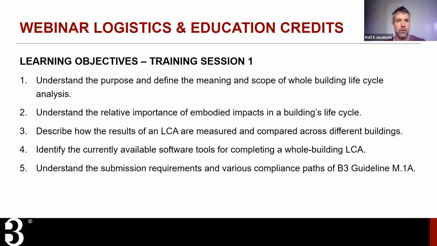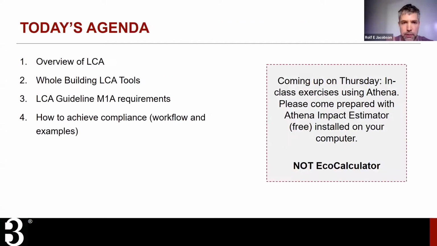I think I'm going to skip over the learning objectives for now. This is a look at today's agenda. We're going to start off with a very basic and brief overview of LCA, what it is, and then talk about some whole building LCA tools. Those are software tools that architects and engineers and designers can use to do an LCA on their building.